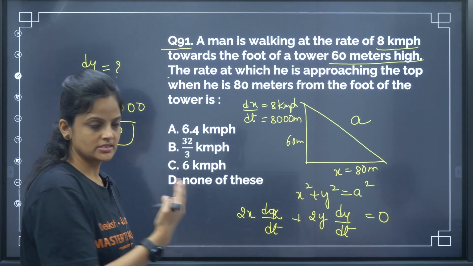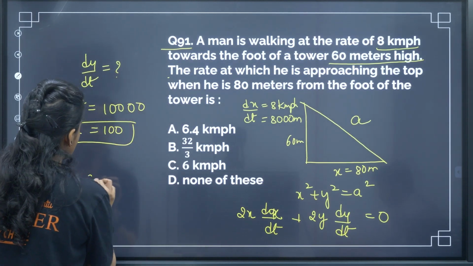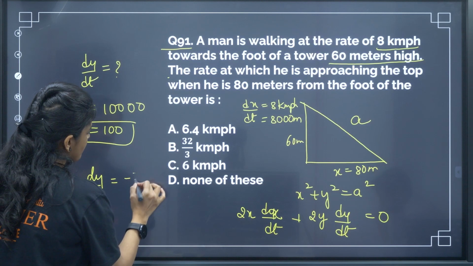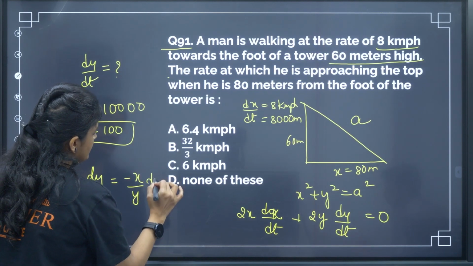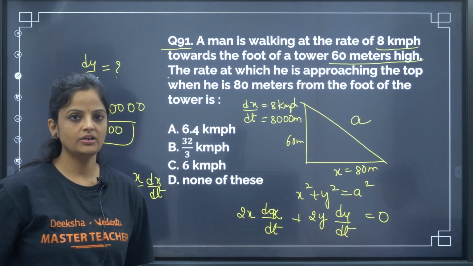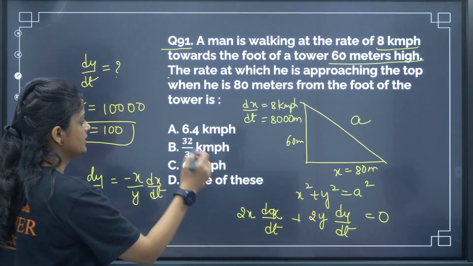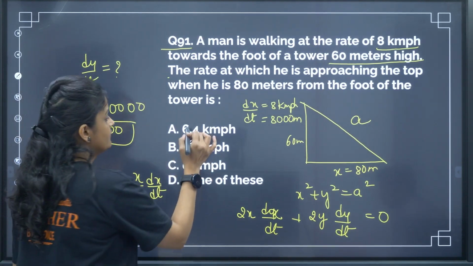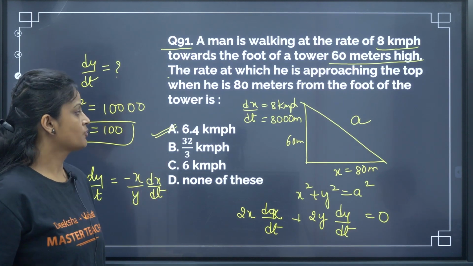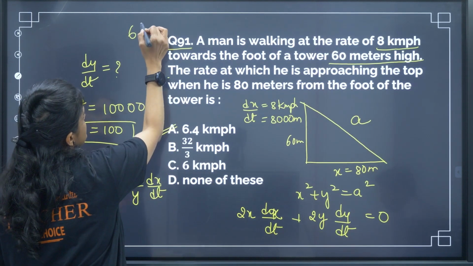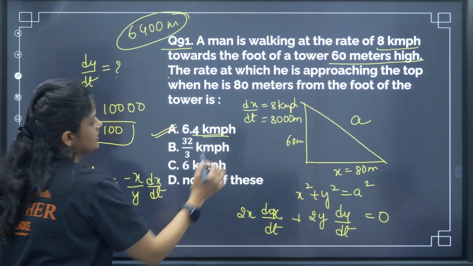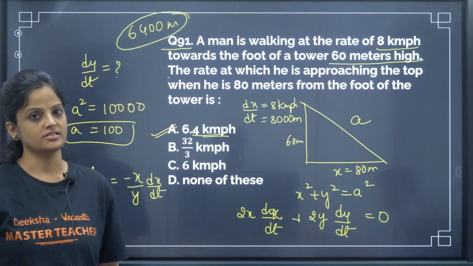On solving this, we get dy by dt equal to minus x by y times dx by dt. Substitute the dx by dt value, and dy by dt we need, and on solving this we get 6.4. Actually the value will be 6400 meters, or you can say 6.4 kilometers per hour.